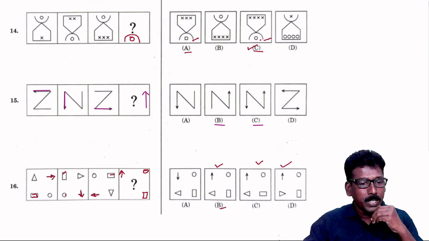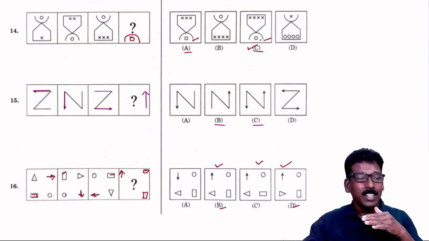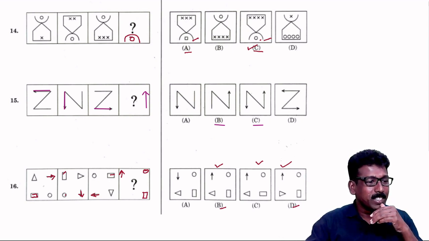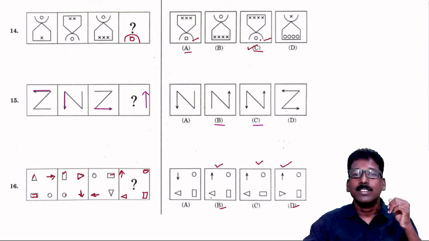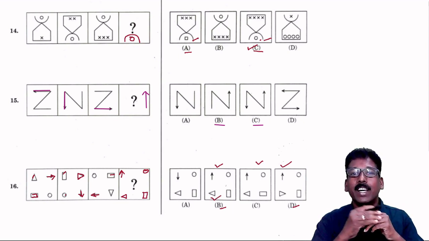Here B and D can be the answer. Now look at the last component, that is the triangle, upward direction. Here, this direction. Now it will be downside. So here definitely the left side part. So here the answer B, satisfying all the conditions. So B will be the correct answer.